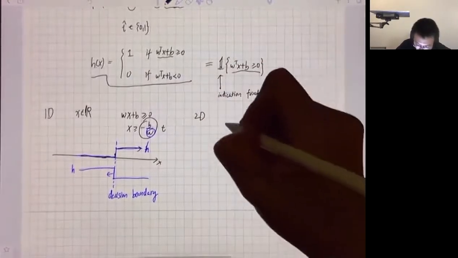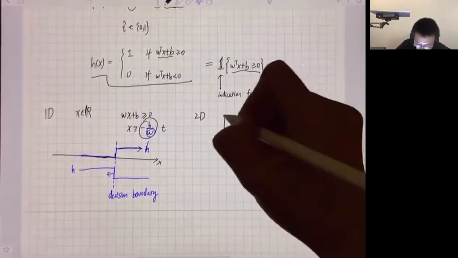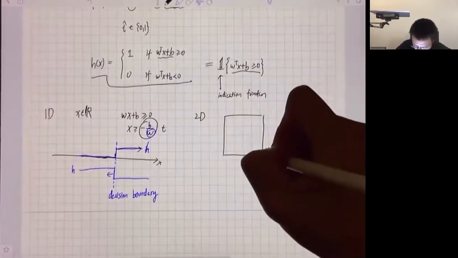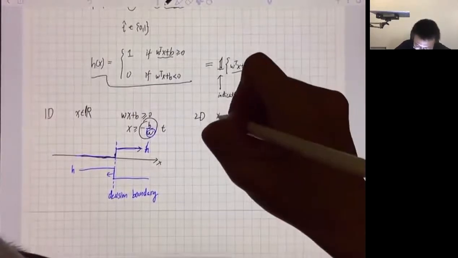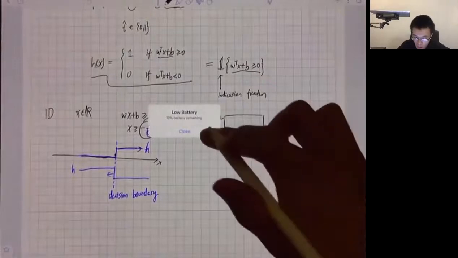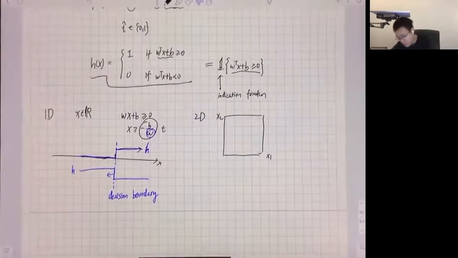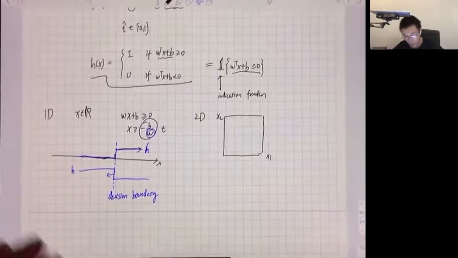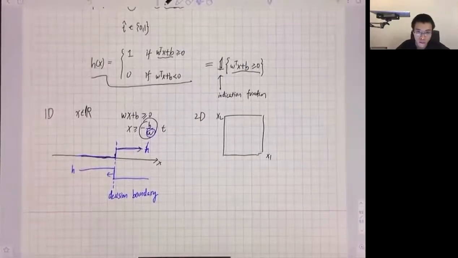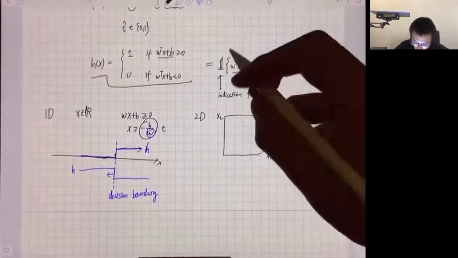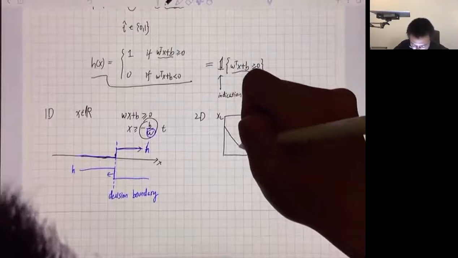In the two-dimensional case, suppose I have X1 and X2, and suppose this is my decision boundary.